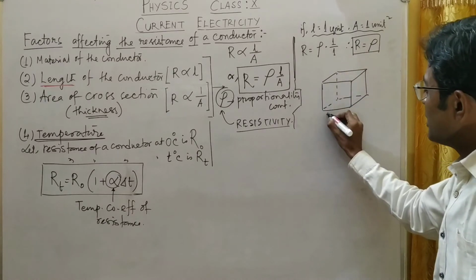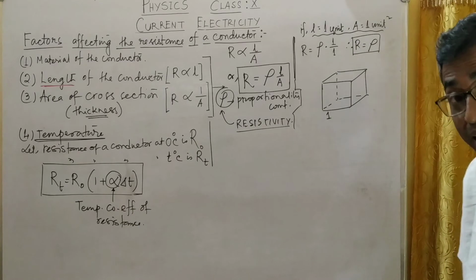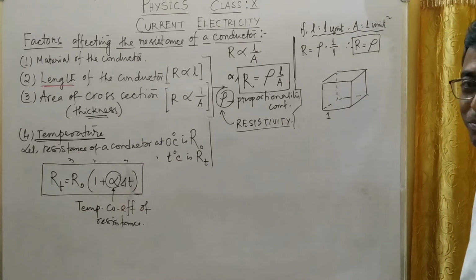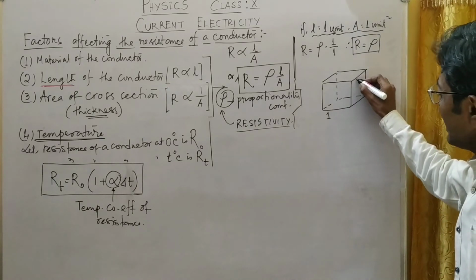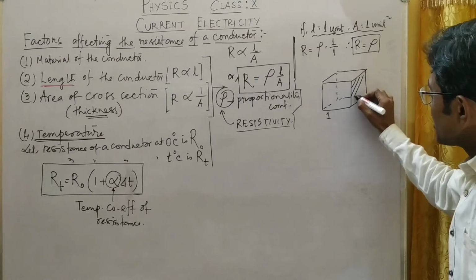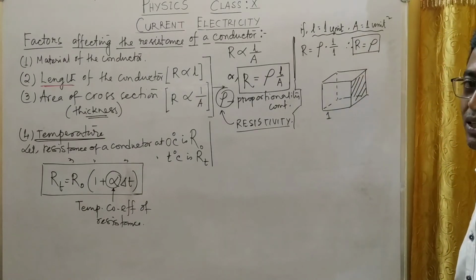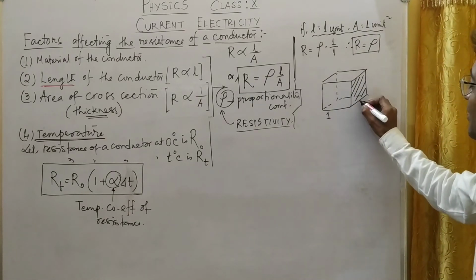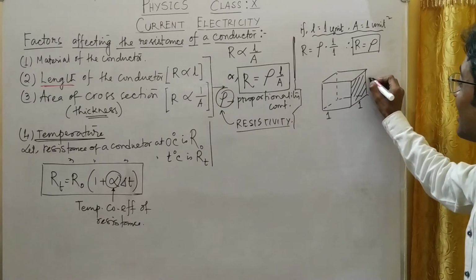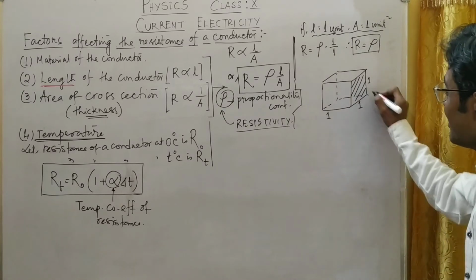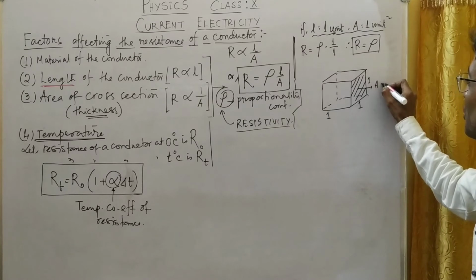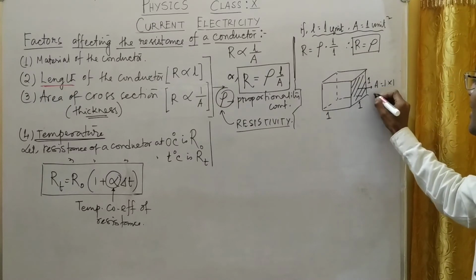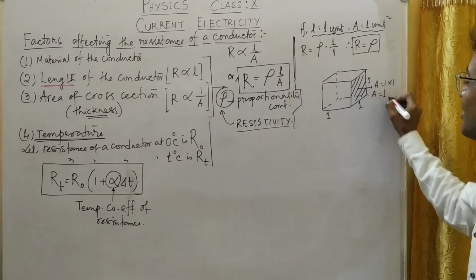Let us assume this length is 1. Again, it might be centimeter, meter, anything. Now the area of cross section is this one. How can this be 1? If the breadth is 1 and height is 1, then this cross section A, length into breadth, will be 1.